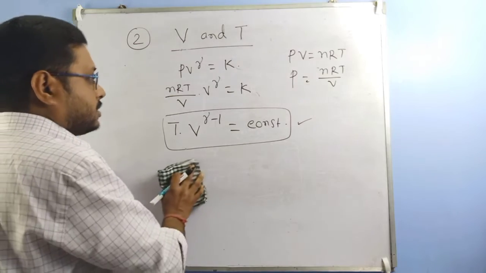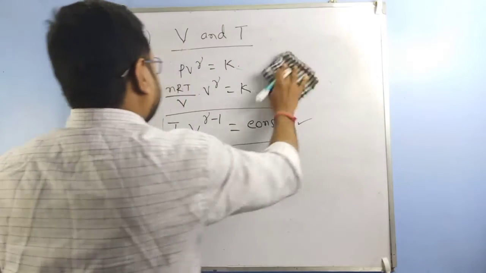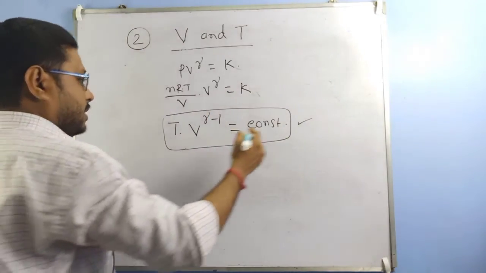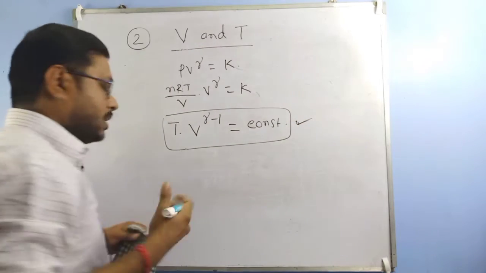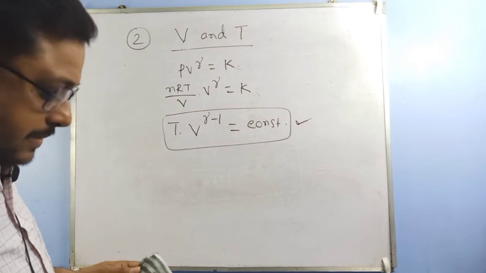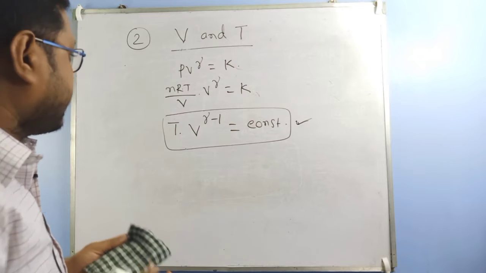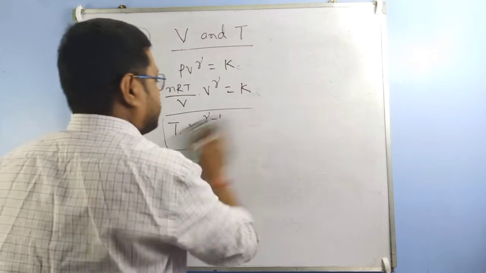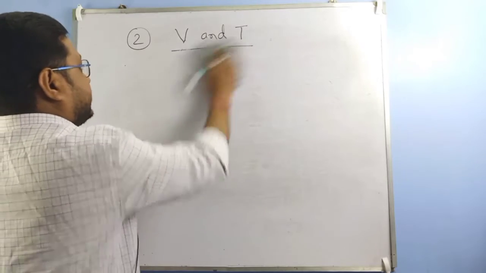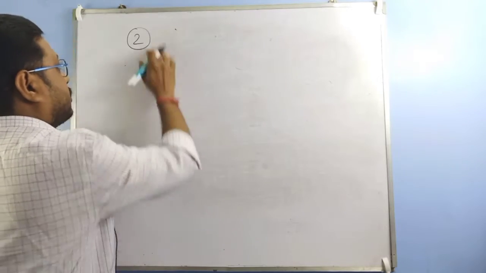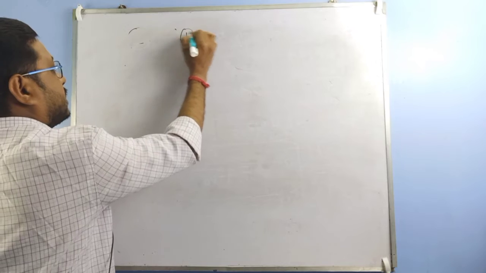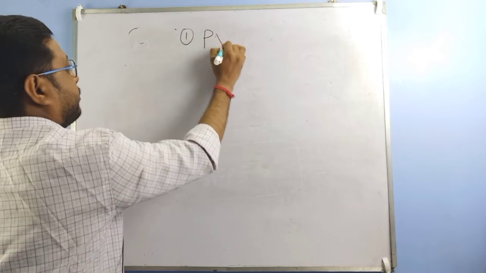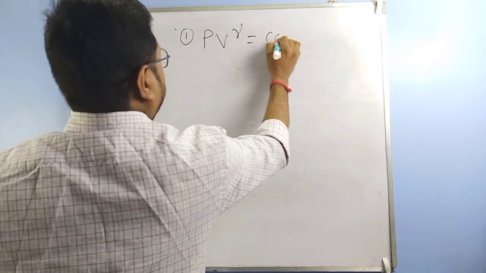So write this proof in your exam copy and practice it repeatedly so that you can avoid mistakes. So we get three relations. One is P V to the power gamma equal to constant.